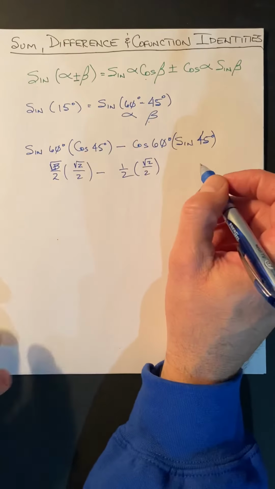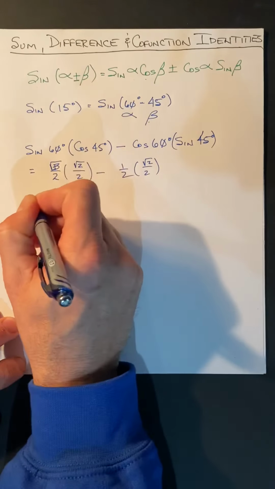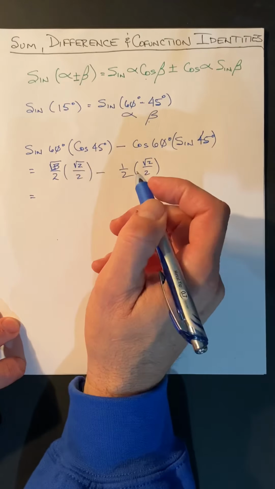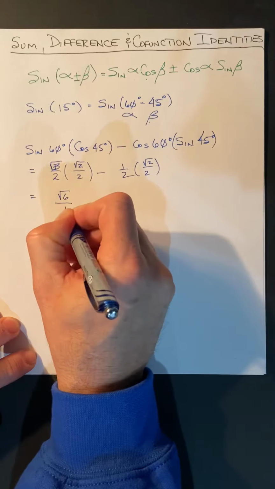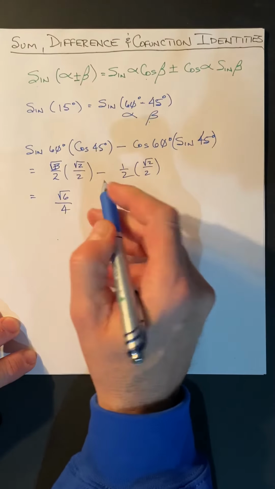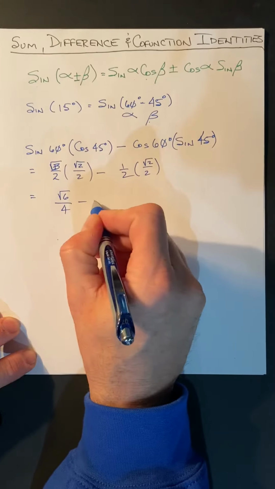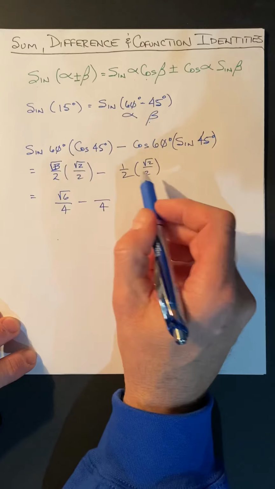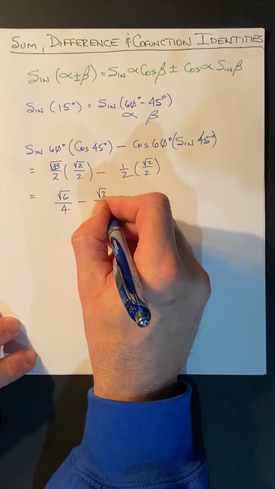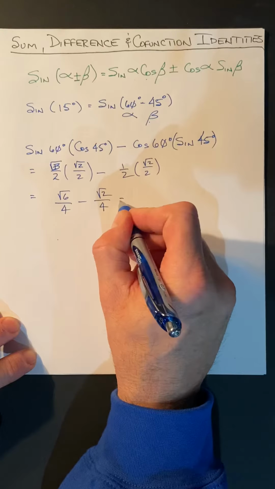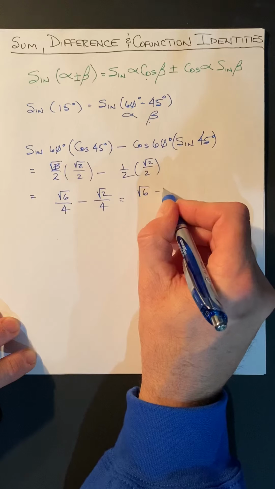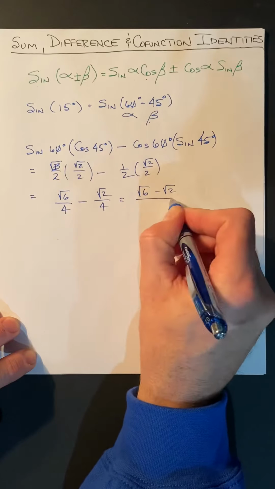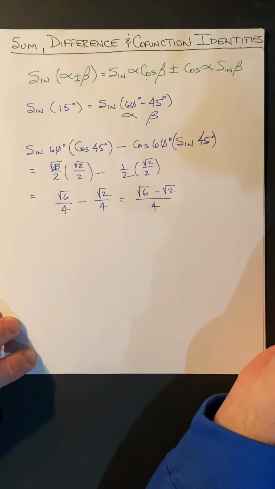So when I look at that, I get radical 3 times radical 2 is radical 6 over 4 minus, this is going to be over 4 as well. 1 times radical 2 is radical 2. So that my final answer is radical 6 minus radical 2 all over 4.